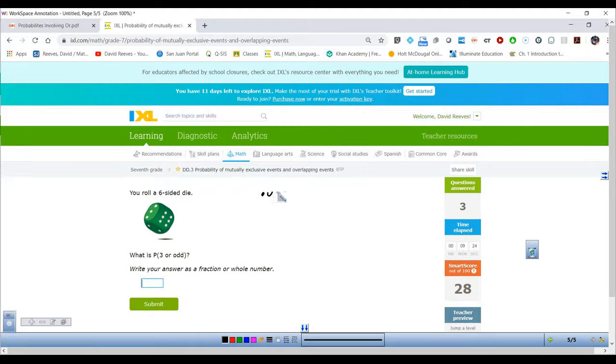So let's go ahead and look at the total number of outcomes. Our outcomes are 1, 2, 3, 4, 5, and 6. So let's take a look at the probability of getting a 3. Well, how many 3s are there? There's 1 three, out of how many total outcomes? 6.